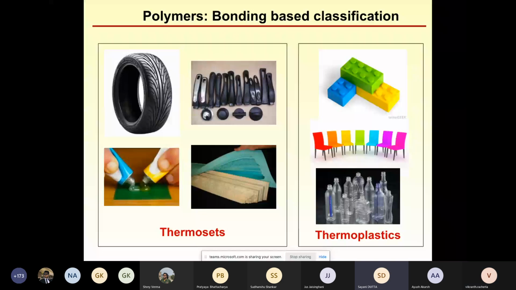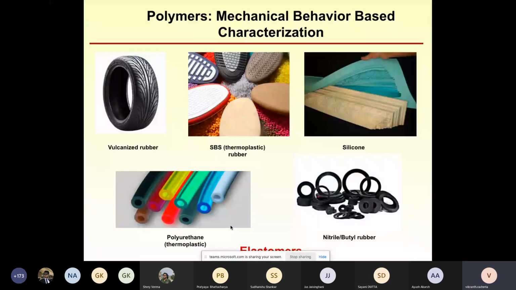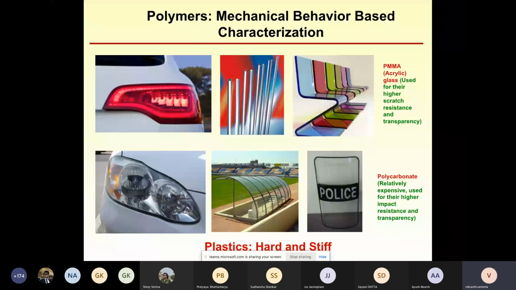Okay. Thank you, sir. So another classification based on the hardness of the material is, well, you have these hard and stiff plastics. Amongst the hard and stiff plastics, the most commonly used one is PMMA, polymethyl methacrylate, also called acrylic.